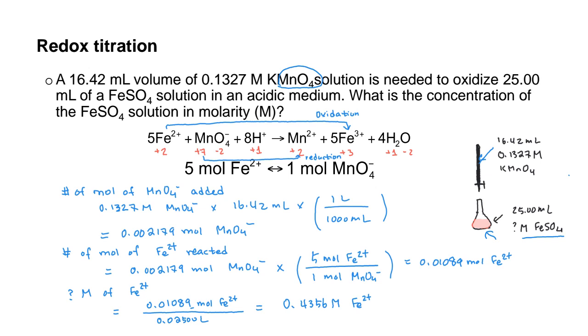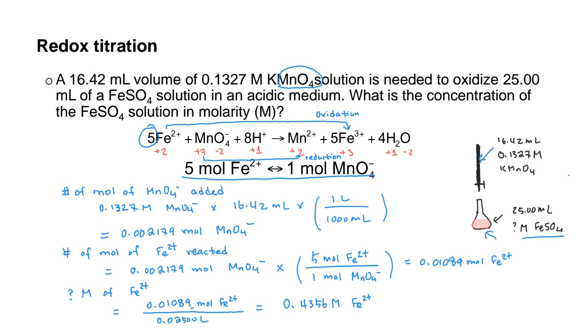This topic will be discussed in Chem 112, so we are just going to use the result of the balanced reaction equation. As we can see here, 5 moles of iron 2+ will react with 1 mole of permanganate. This is what we are going to use.